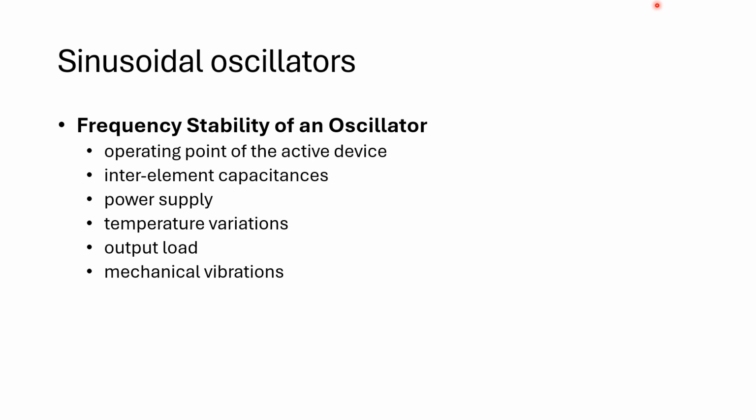We have already mentioned Q factor in our previous discussions of an LC tuned circuit. And lastly, mechanical vibration. Mechanical vibrations affect the frequency stability of an oscillator. It may cause a change in oscillator frequency. Therefore, we have to isolate our oscillators from any source of mechanical vibration.